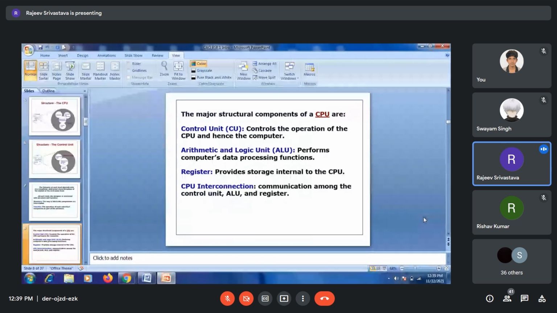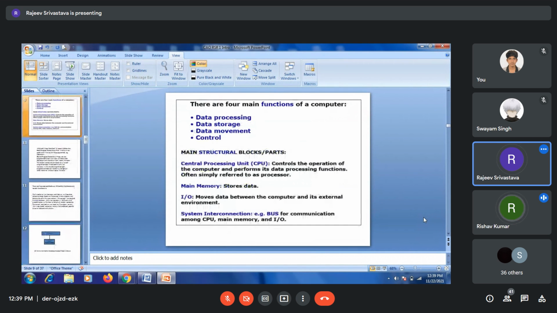So that is why for some memory, some operation which is needed very frequently and which needs very fast access, the organization tries to keep that data inside the CPU.